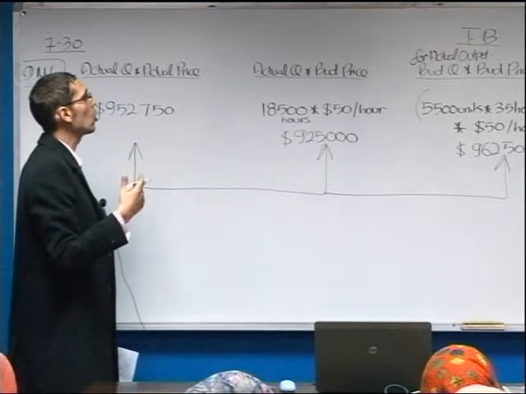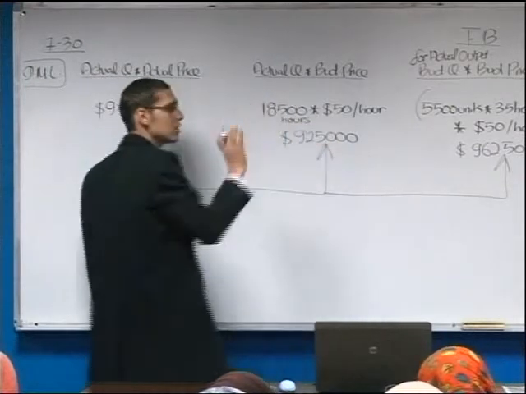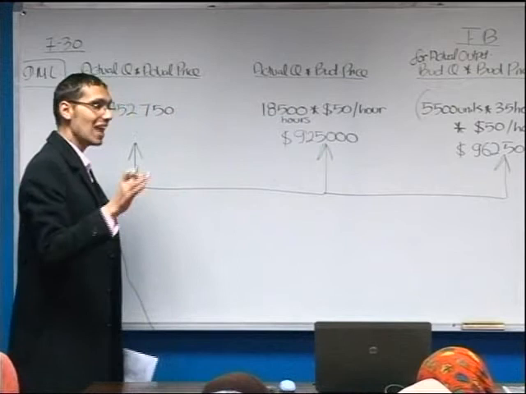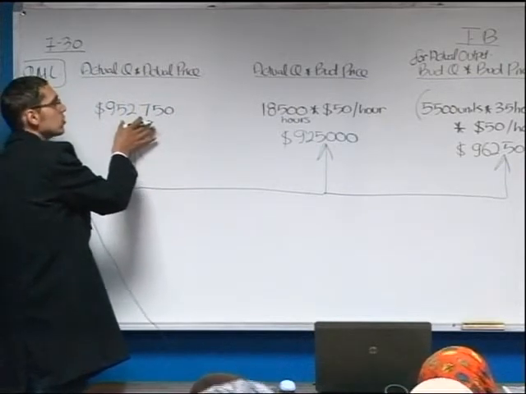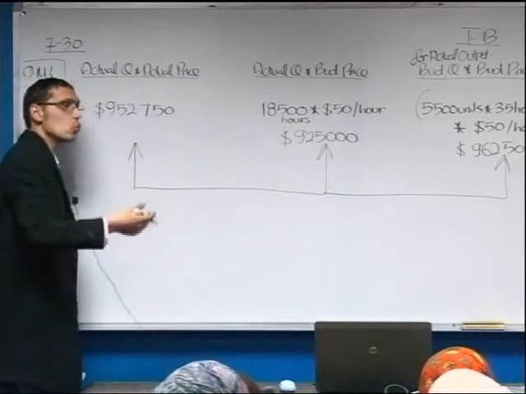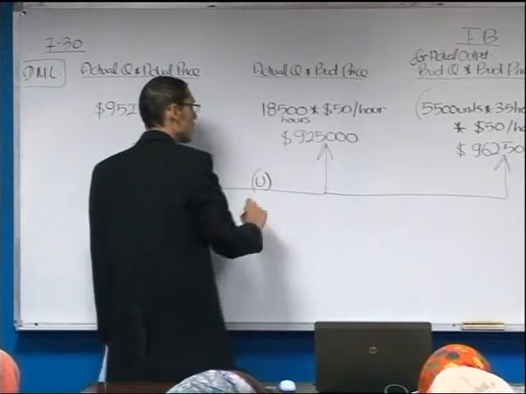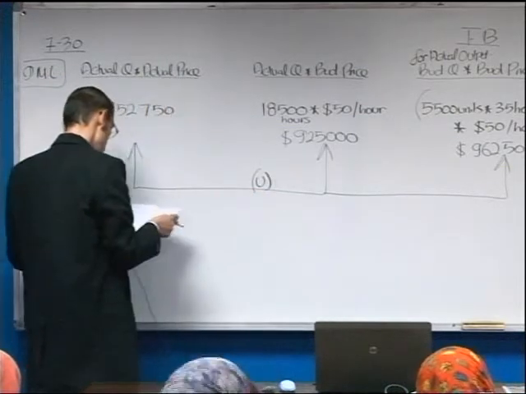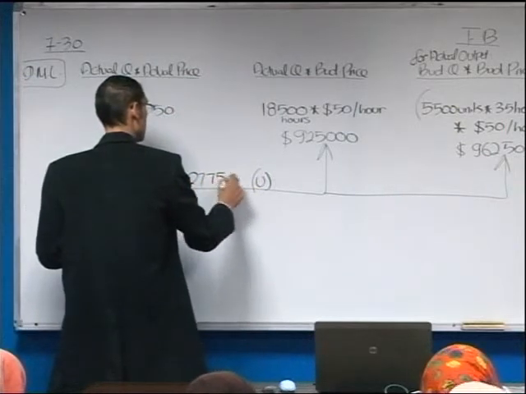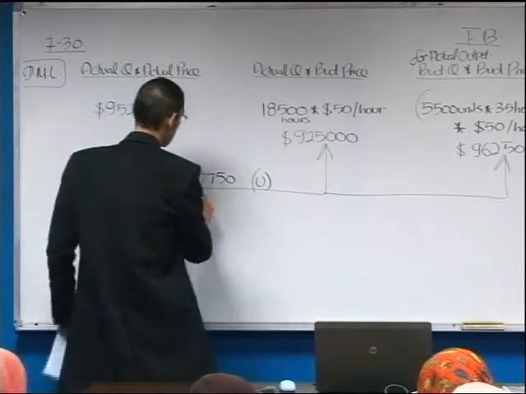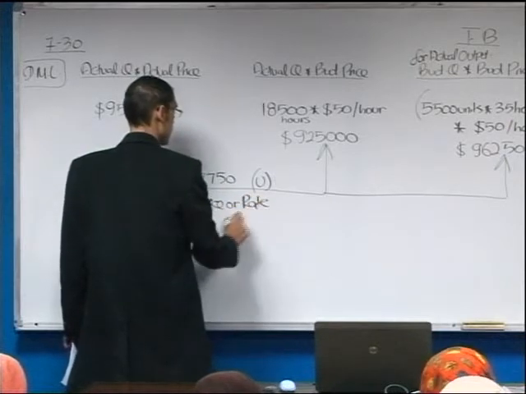According to the budgeted price, we should have incurred only $925,000, while the actual result says that we actually incurred $952,750, which is more than what we expected. Therefore, this is an unfavorable variance. The difference between the two is $27,750, which is the price or rate variance.